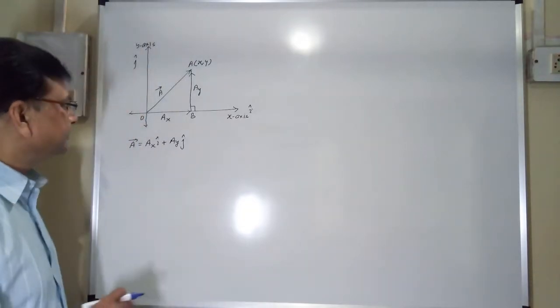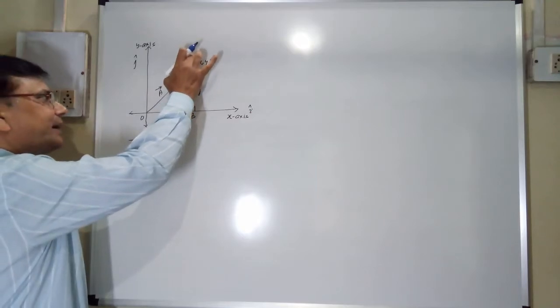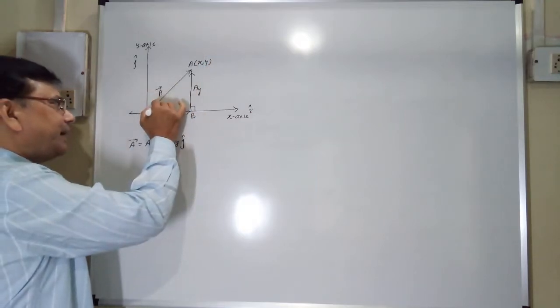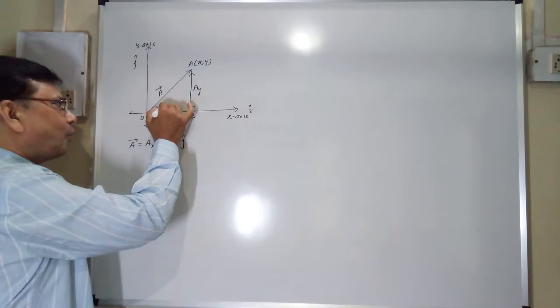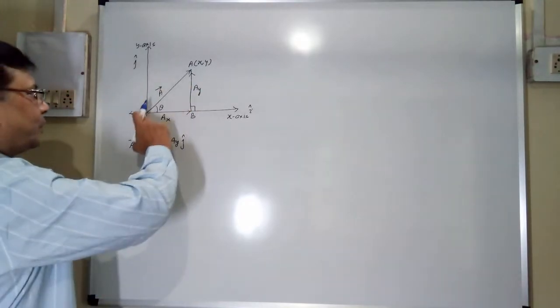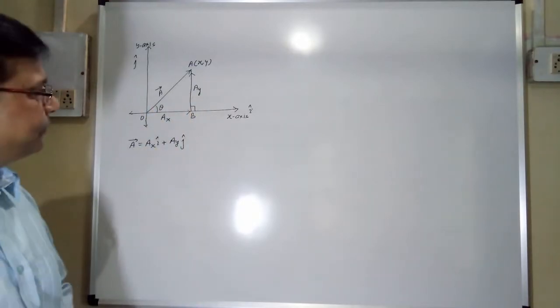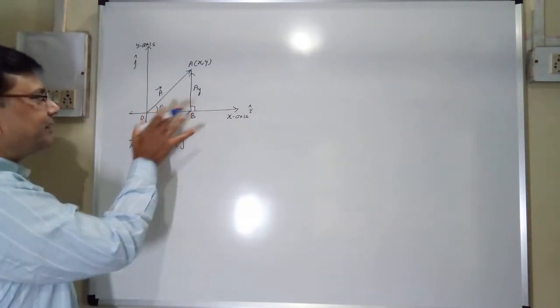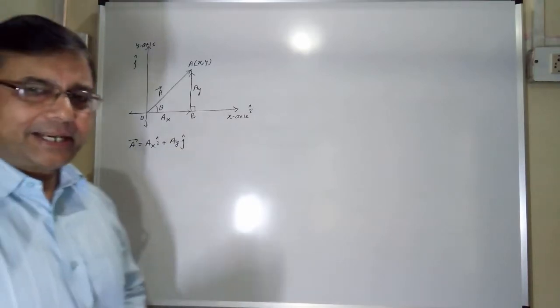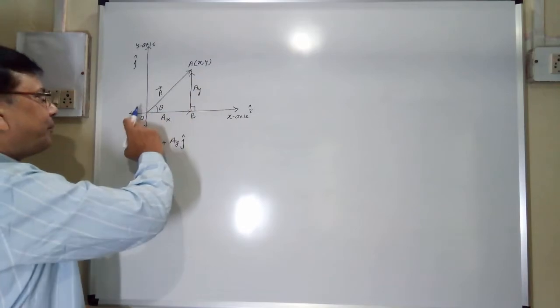This we have already studied. Now let the position vector of the point A make an angle theta with the x-axis. So OAB is a right angle triangle. In a right angle triangle, in lower classes in trigonometry, we have studied BA upon OA.